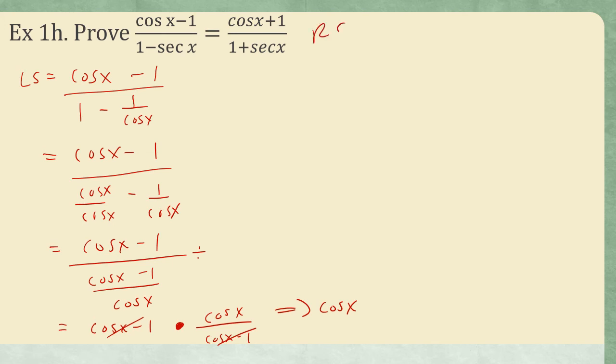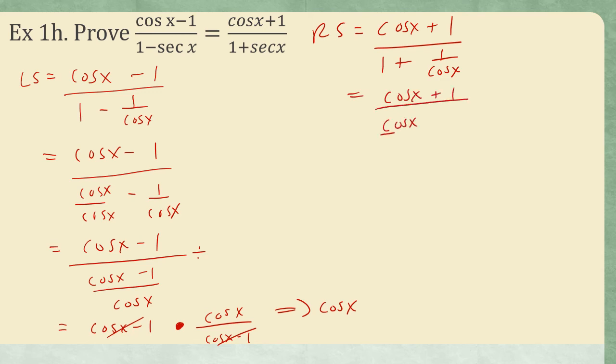Same idea, more or less, with the right side. Cos x plus 1 over secant, 1 over cos x plus 1. That's going to change to cos x over cos x plus 1 over cos x plus 1.